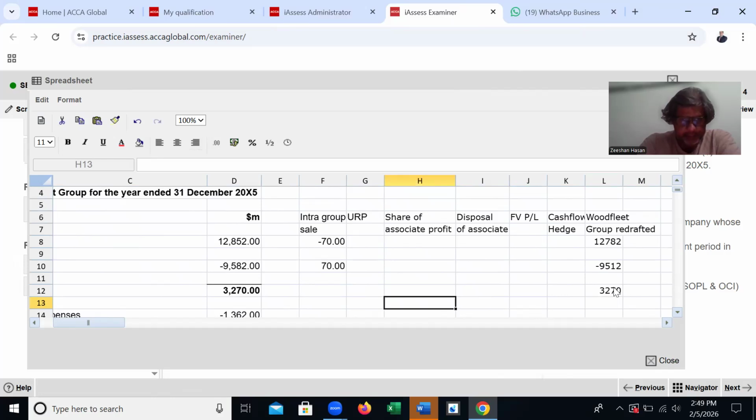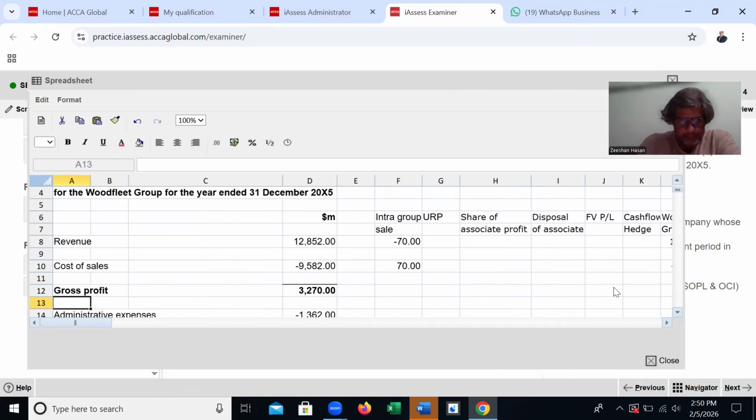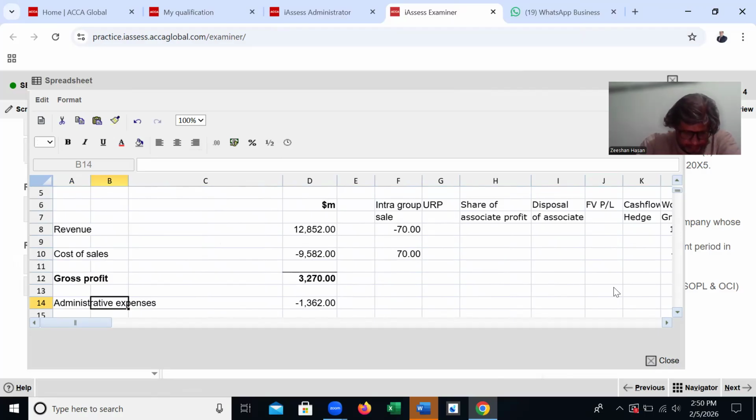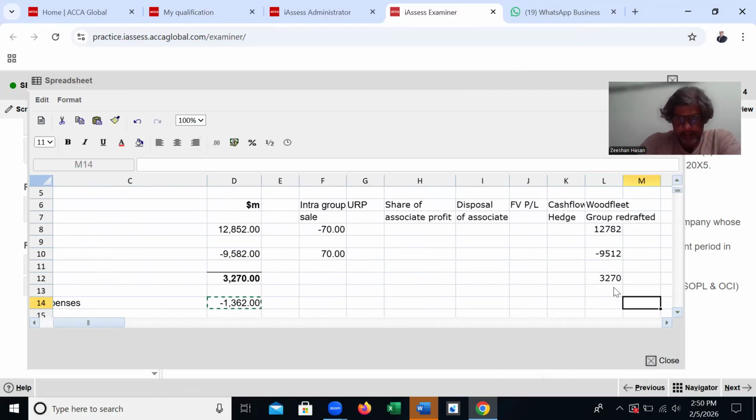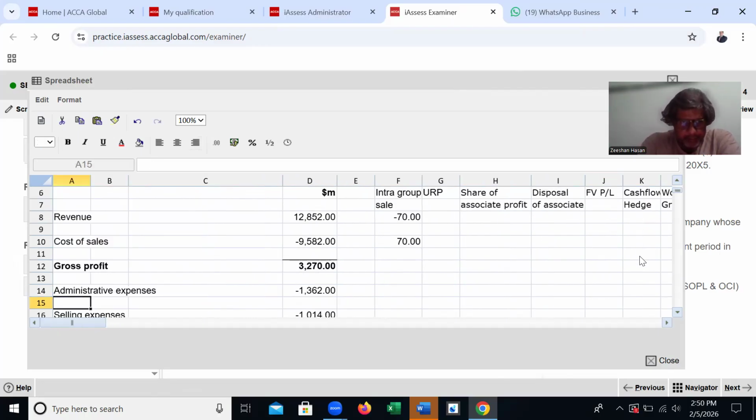Okay, then anything in admin expenses related to IT, and here control V. Control C, control V. You will get a lot to do. Okay, then selling expenses.